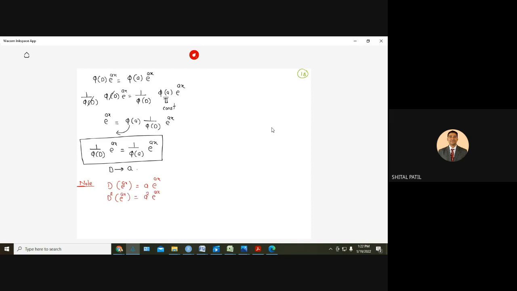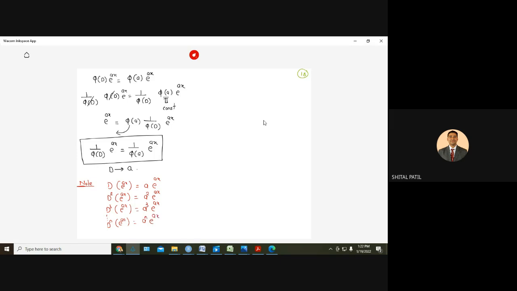Right? d means derivative. So what is third derivative? Tell me what is third derivative of e raised to x. a cube e raised to x. What is nth derivative? a raised to n e raised to x.